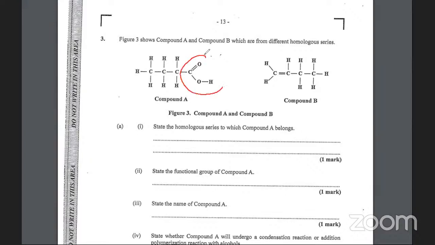So this is the functional group for a carboxylic acid. The functional group of compound A, that's the carboxyl group.